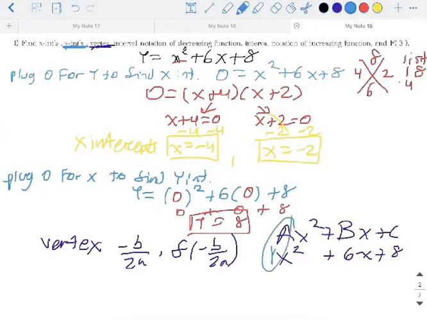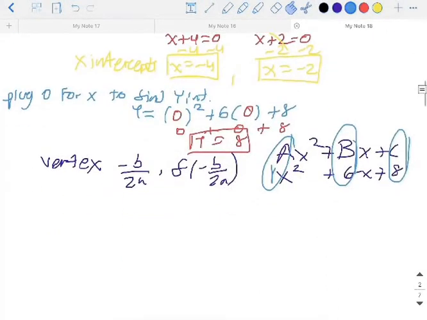The 1 is a, the 6 is b, and the c is 8. So we'll just substitute the b value, which is 6. So it's negative 6 because of the sign. Negative 6 over 2 times 1 because of the a. Negative 6 over 2 is the same thing as negative 3. Negative 3 is considered to be the x of the vertex.